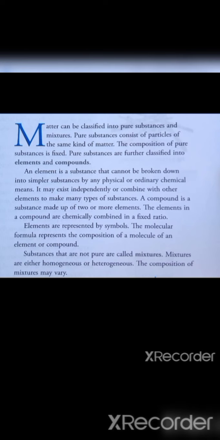An element is a substance that cannot be broken into simpler substances by any physical or ordinary chemical means. It may exist independently or combined with other elements to make many types of substances.